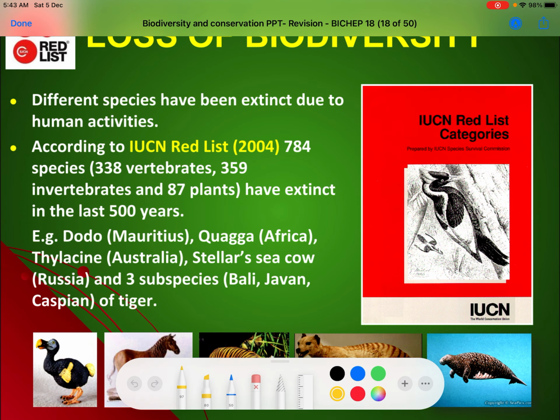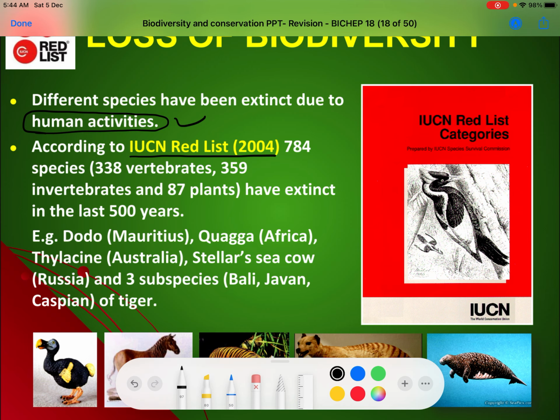And they have produced it at various intervals. According to the IUCN Red List 2004, that is 16 years back, various types of species of animals and plants are becoming extinct.